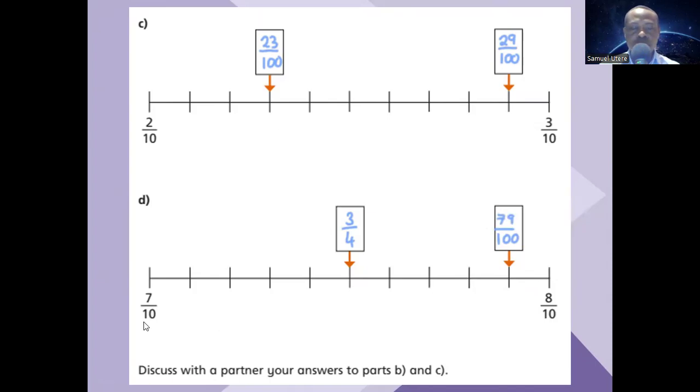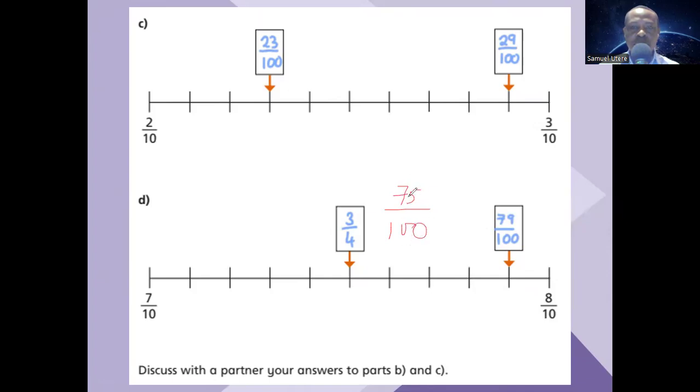Here we use the same knowledge to do the same. So this one, if that is 70 hundredths, 71, 72, 73, 74, 75. Now, just in case you're wondering why it is 3/4, 75 hundredths is 75 divided by 100.